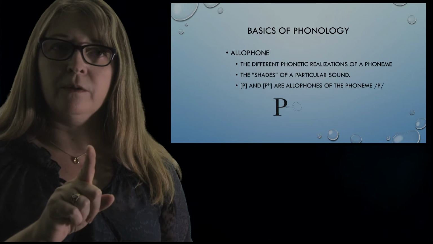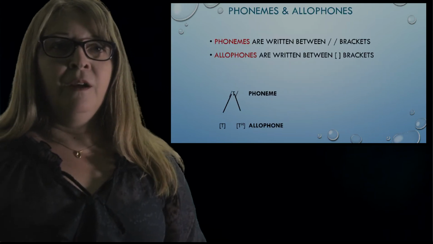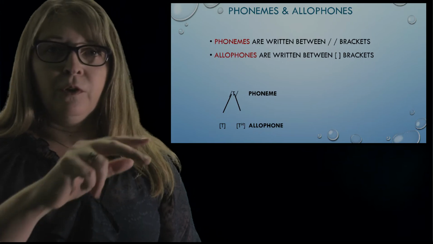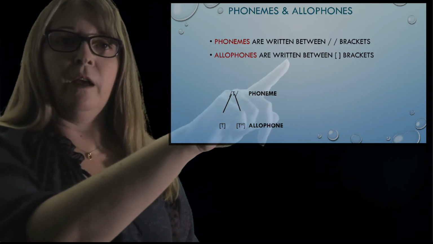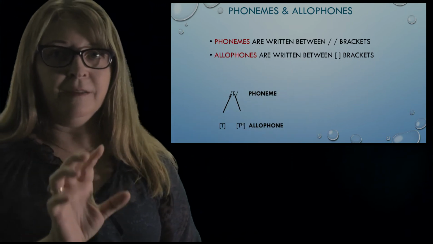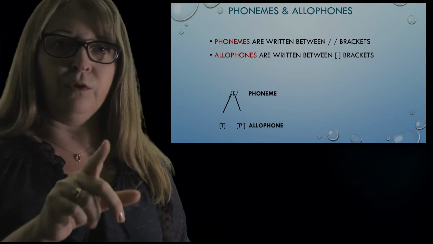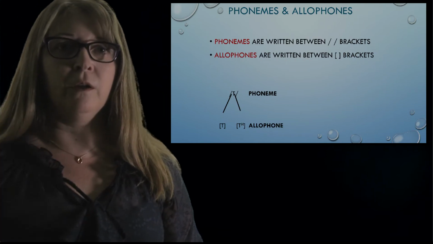The phoneme is p, right? Just for you to know, phonemes are written between these types of brackets and then allophones between these. You don't necessarily need to know that, but if you want to make a little bit of sense out of this and that helps you, then great.